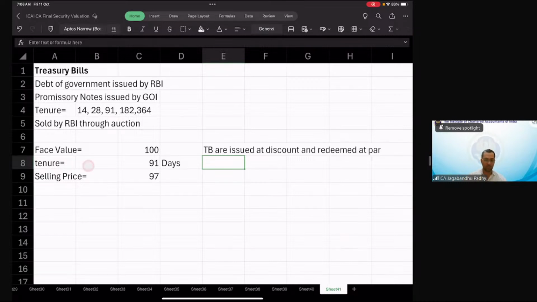So when you say face value 100, you are going to get this treasury bill for a value of 97, and then it will be redeemed at 100.